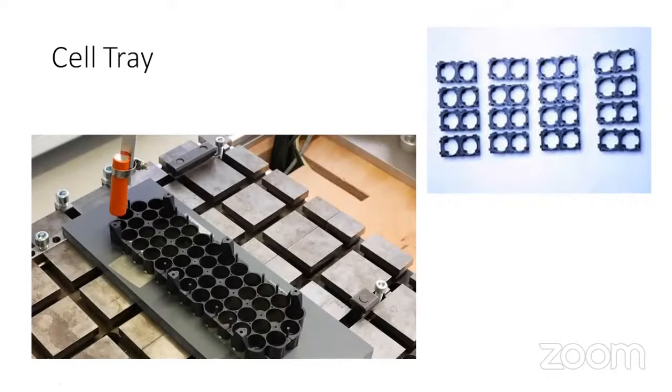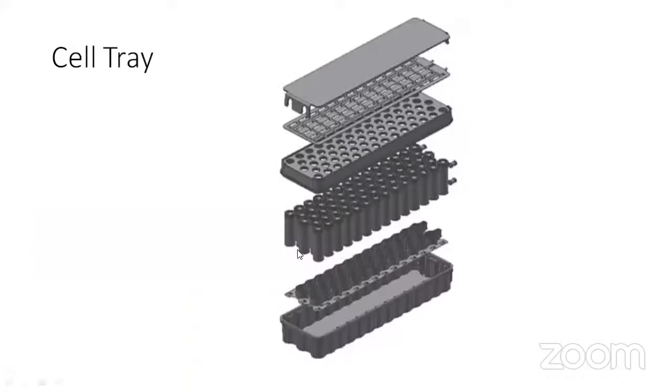For DIY projects you can purchase this kind of cell holder from the market and insert the cell into it. These cell holders are made so they can be fixed with each other in this manner.